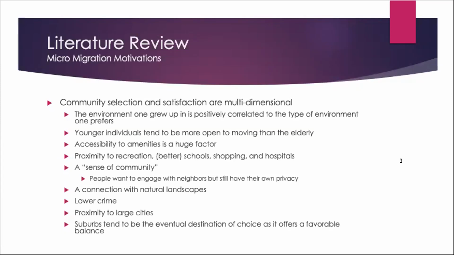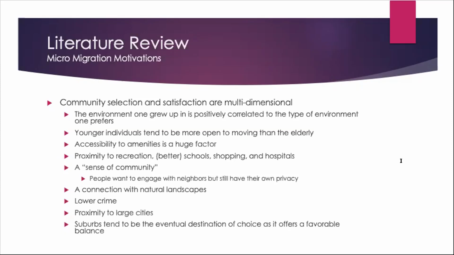So you want to be close to things, hospital, shopping, everything like that. But you want to have a sense of community, and they find that having a sense of community is tied to having a sense of privacy, but also being able to talk to your neighbors.